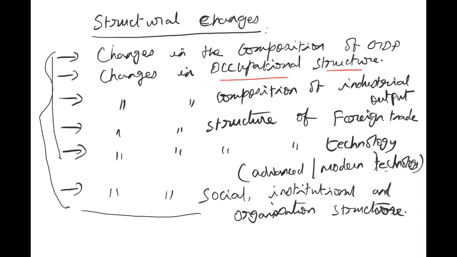It is unidimensional. They only need to worry about the rise in the national income of the country. When the country reaches that stage, that becomes the final stage. That is economic growth. So the initial stage of development is economic development, and the final stage is economic growth.